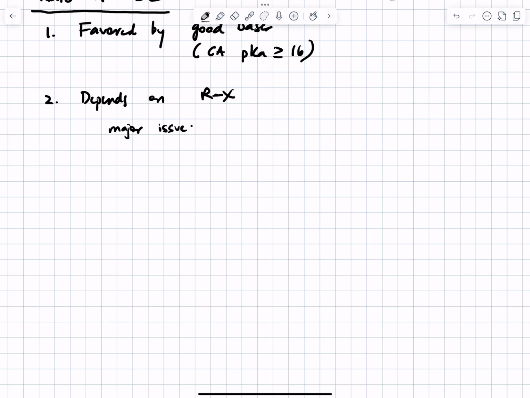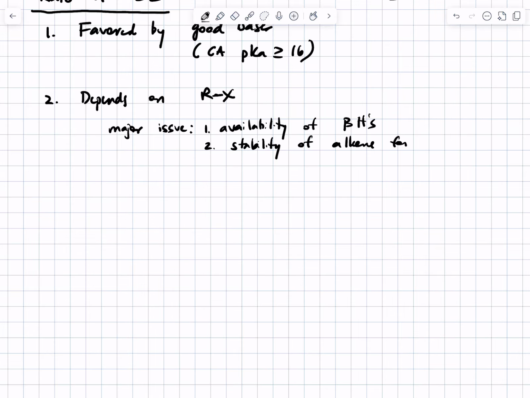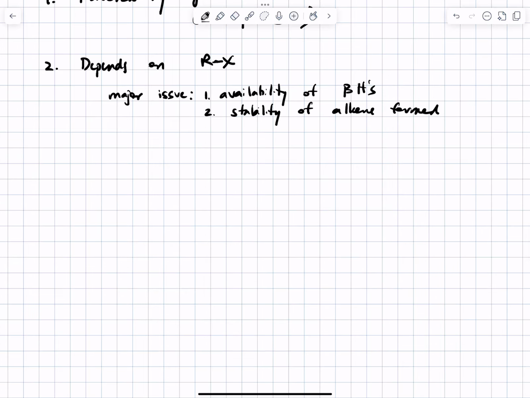The first issue is the availability of beta protons. And the second issue is the stability of the alkene that is formed by the elimination reaction. So let's illustrate this just with some examples.